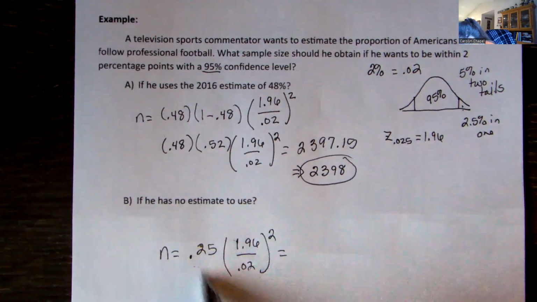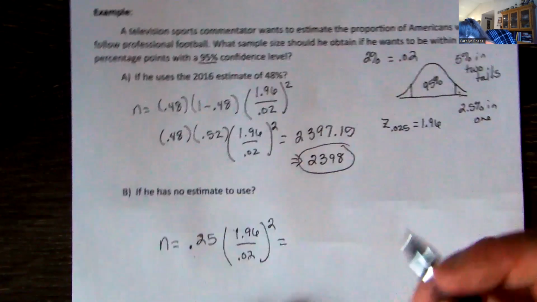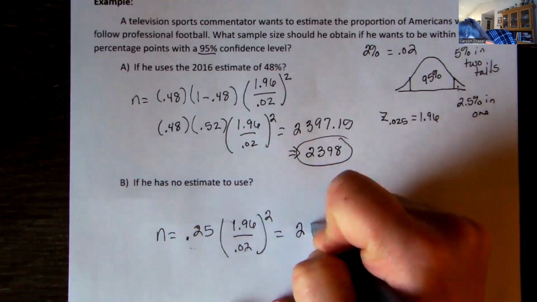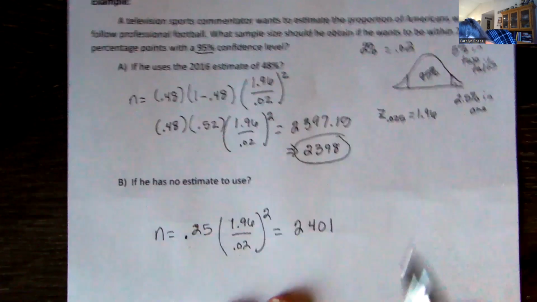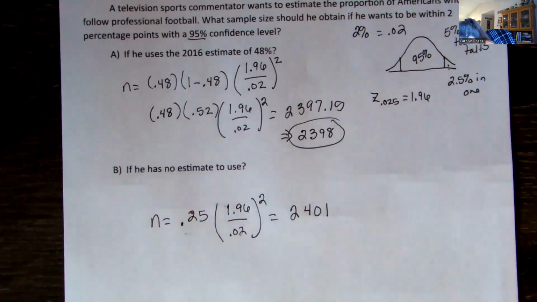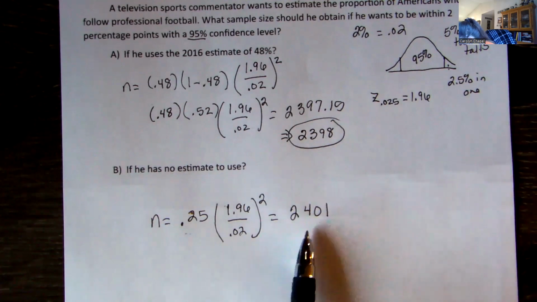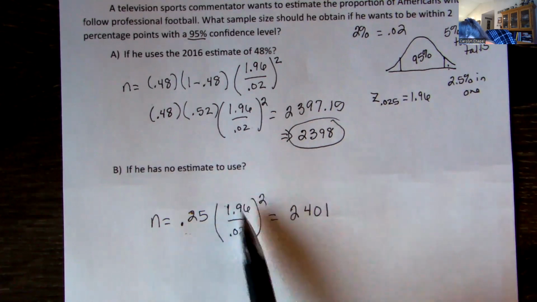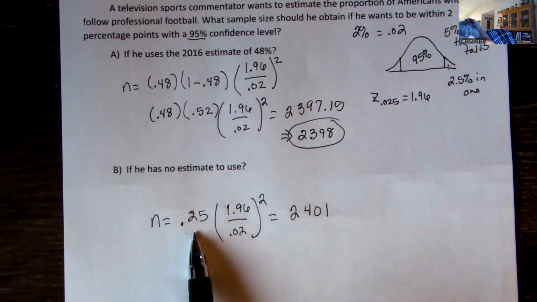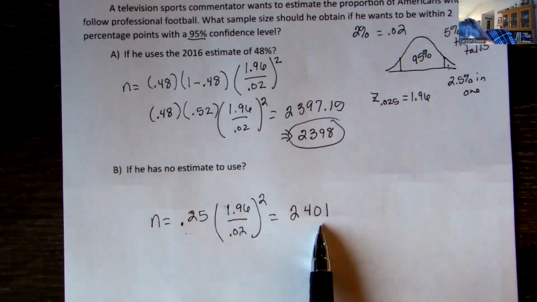If I calculate this number and round up to the nearest whole, we get 2401. Notice there's not a lot of difference. This is basically the maximum that we would need to get whatever confidence and error we needed. So the 0.25 will give you the maximum, that minimum kind of number.